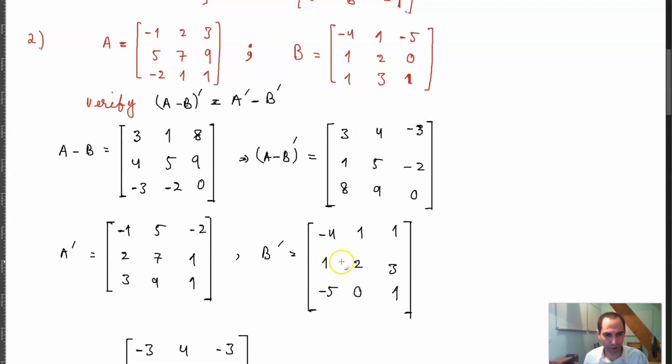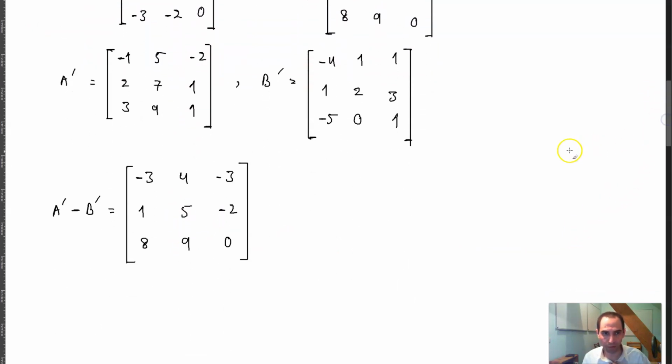That is correct. And A prime is basically -1, 2, 3, 5, 7, 9, and -2, 1, 1, right? And now A prime minus B prime is -1 minus -4, which is -1 plus 4, which is equal to +3.